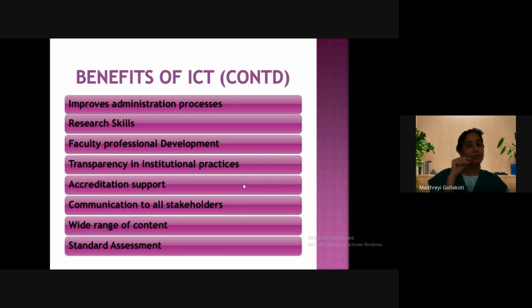So it can also give communication to all stakeholders. All the stakeholders are obviously the parents, the teachers, the students, and the management of the institution. So all these people can communicate freely with the help of ICT. Nowadays, the parent gets information about the student on the very same day, whether they have attended the college or not.